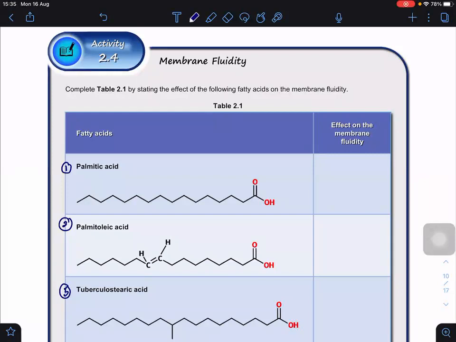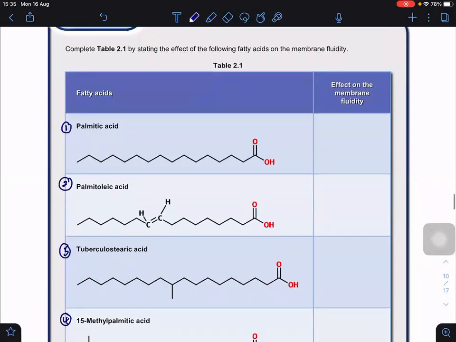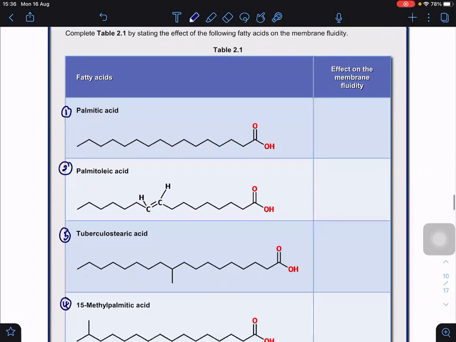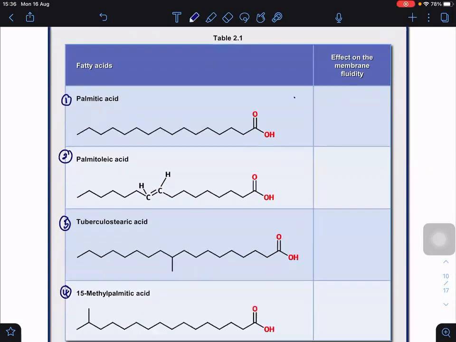So how do you compare? Why do we compare number 1 and number 2? Because the number of carbons is the same. Are you clear? When I say one zigzag, one corner, it is actually 1 carbon. The difference is that one has no double bond, and one has a double bond. So palmitic acid and palmitoleic acid, what makes them different? The double bond. Palmitic acid is relatively linear, not perfectly linear, but relatively.